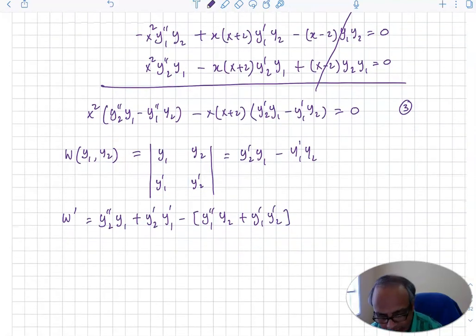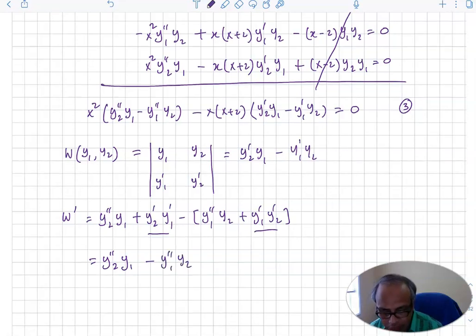You can see that y prime 2 y prime 1 appears positive and negative because of this negative sign. So you get y double prime 2 y1 minus y double prime 1 y2.